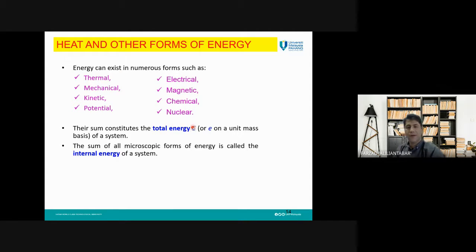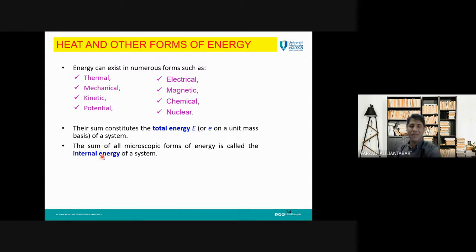We show that by capital E, and if we have a system with flow, we can define it on a unit mass basis. So total energy is the summation of all the different types of energy values of the system.